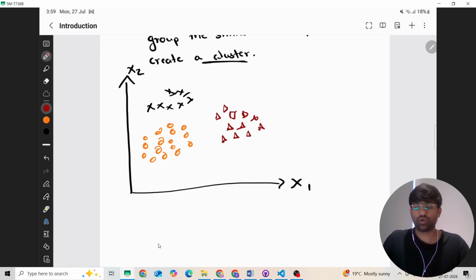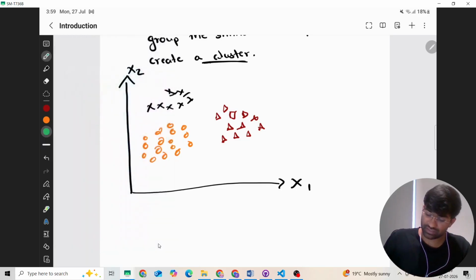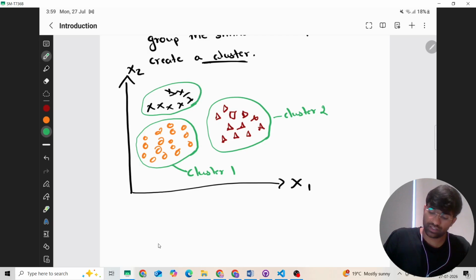Plot x1 versus x2. What clustering does is group the similar data points. So this will be our cluster 1, this will be our cluster 2, and this will be cluster 3.